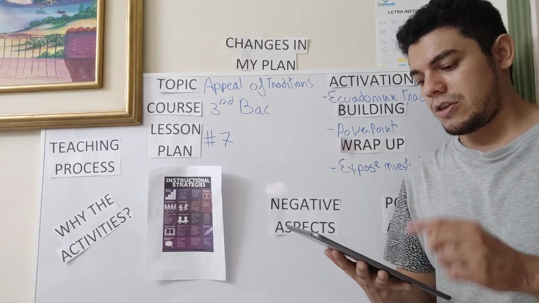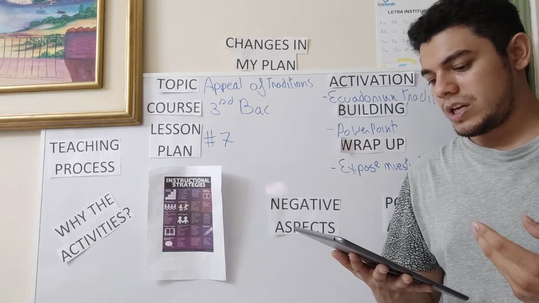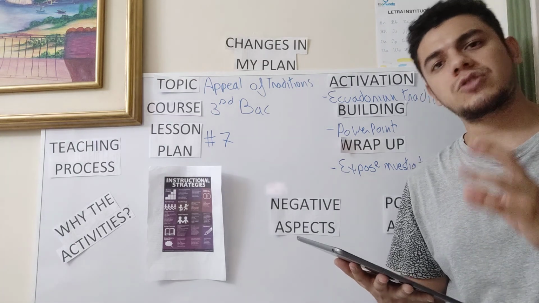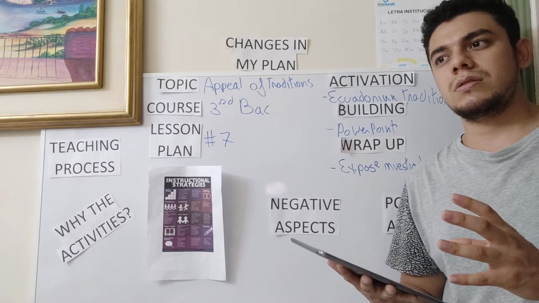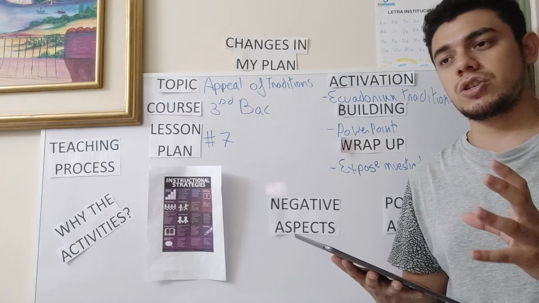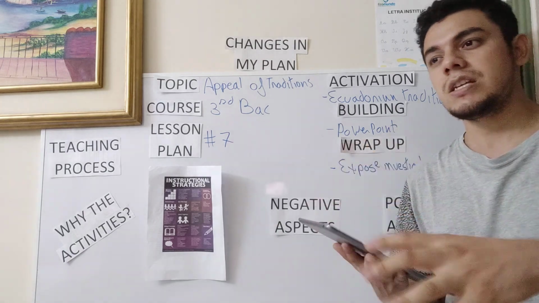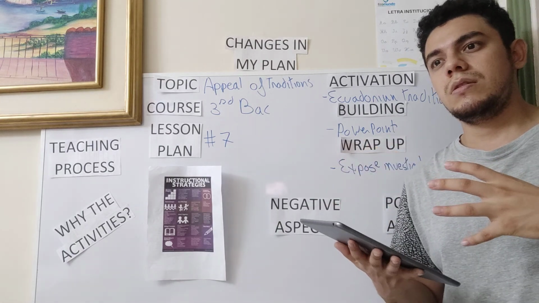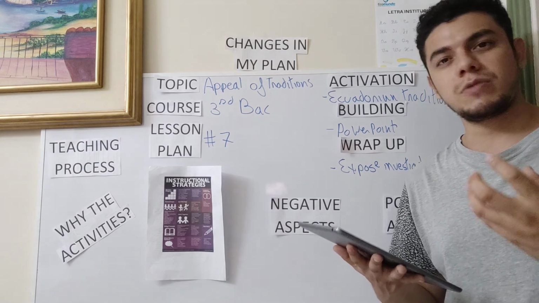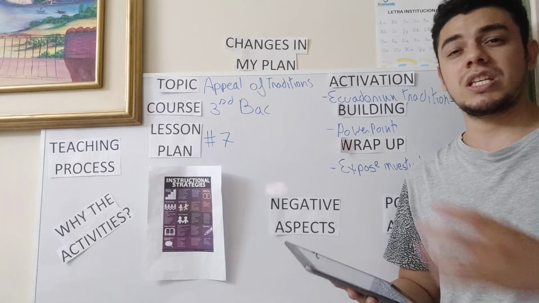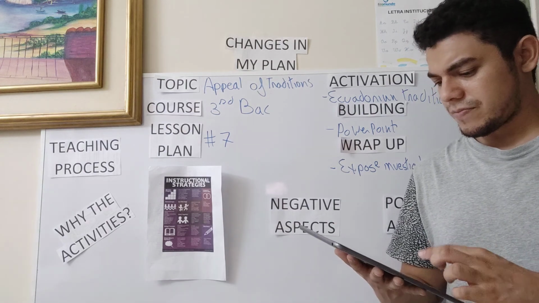Third, it's a good idea to include advantages and disadvantages of that tradition because there are some traditions that can affect a part of the city, the neighborhood, with the crowd. Too many people means sometimes too much garbage that can affect the nature of the place.